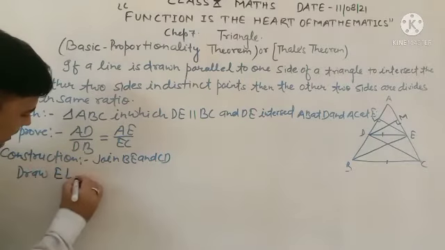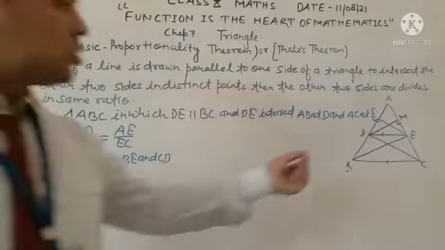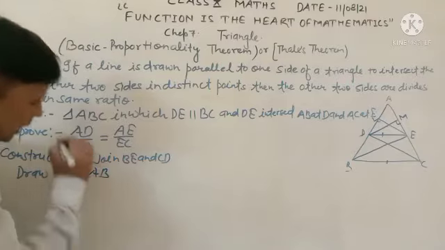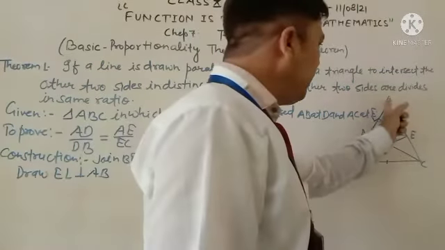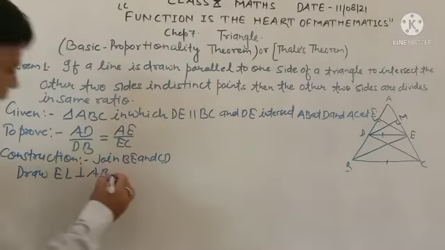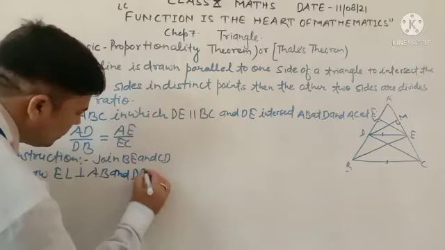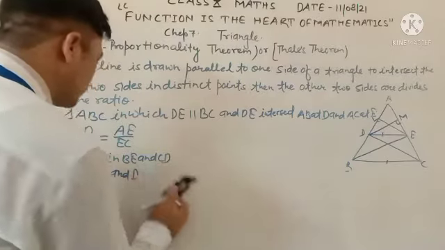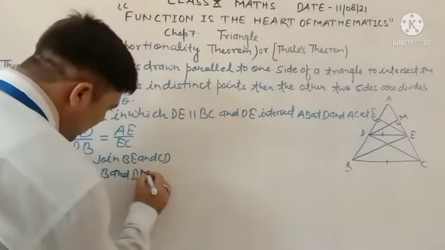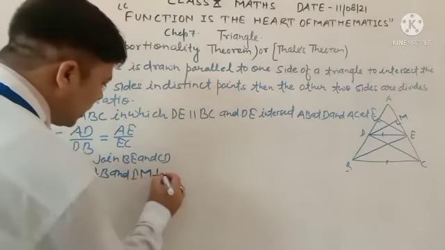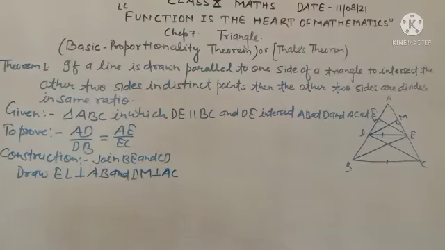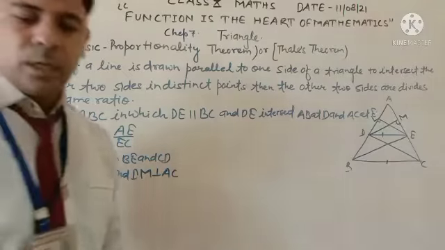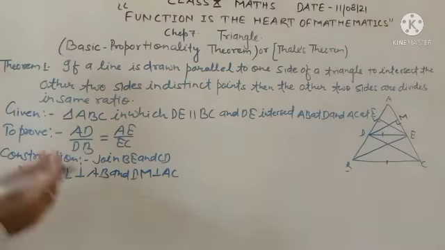This is the symbol of perpendicular. EL is perpendicular on AB, and DM is perpendicular on AC. These are the points you have to write down before solving the question. Now we can give the proof.